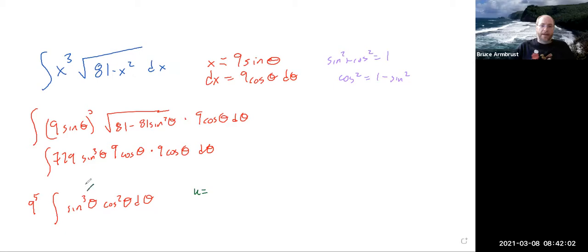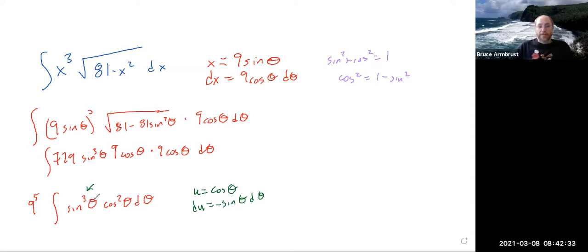The fact that that one's odd tells us, as Adam just put into the chat box, we want to let u be the other one. So we're going to let u be cosine. Then du is a minus sine theta d theta, which means that one of these sines is going to be part of the du.